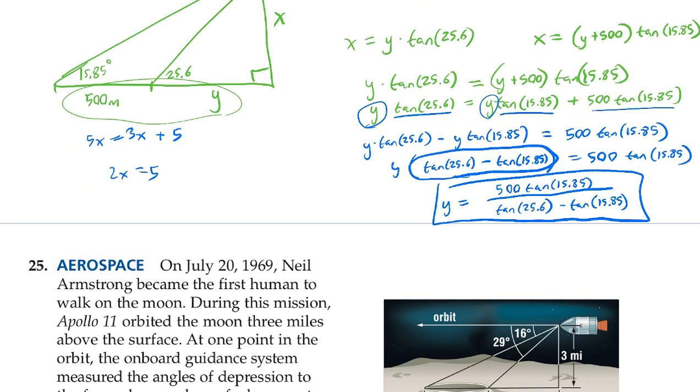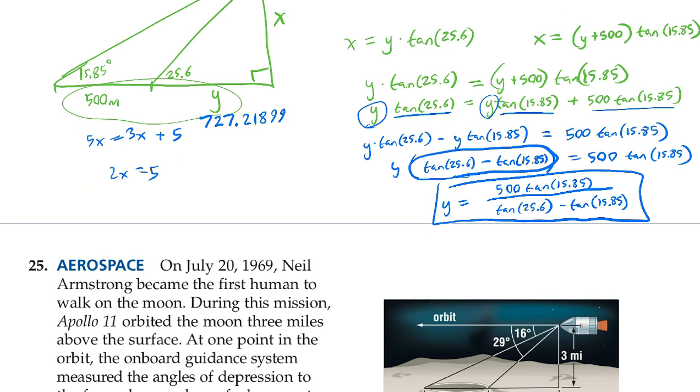Okay, and then I'm going to divide by, in parentheses, tangent of 25.6, and then minus tangent of 15.85, end those parentheses, and we get 727 point, I'm going to keep a lot of decimals here, okay?